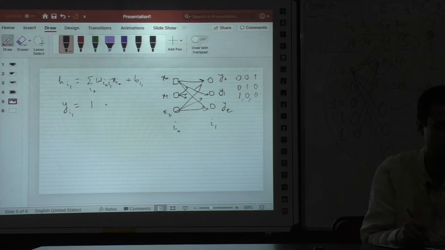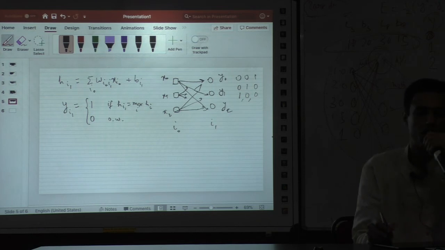So y_i1 is equal to 1 if h_i1 is equal to the maximum over all h_i, and 0 otherwise. Whichever has the maximum value, I make that 1, otherwise it will be 0.